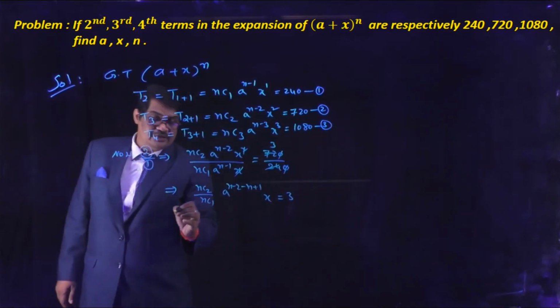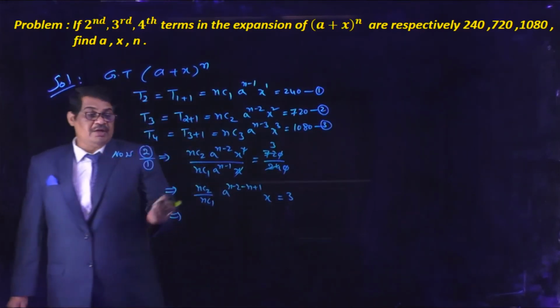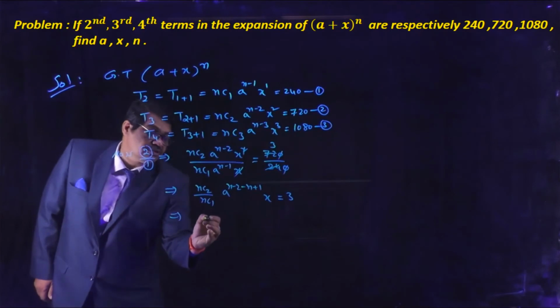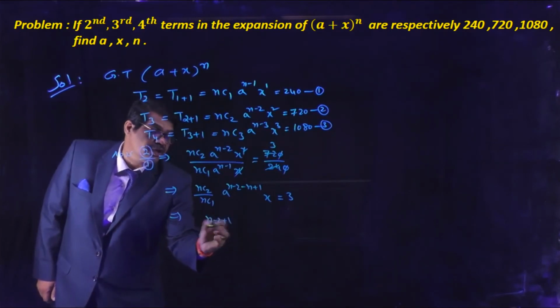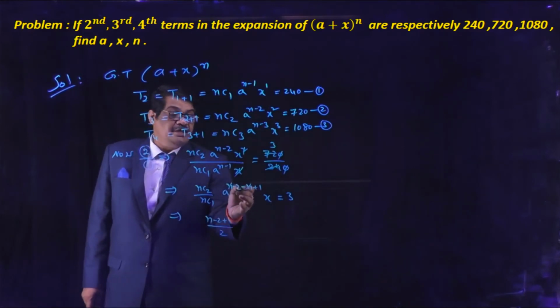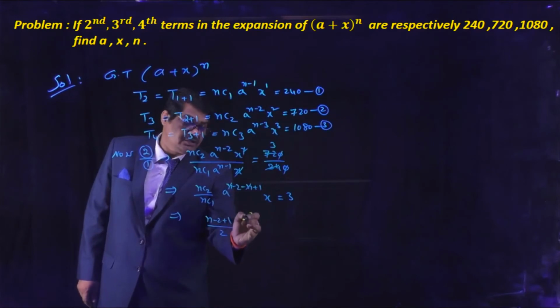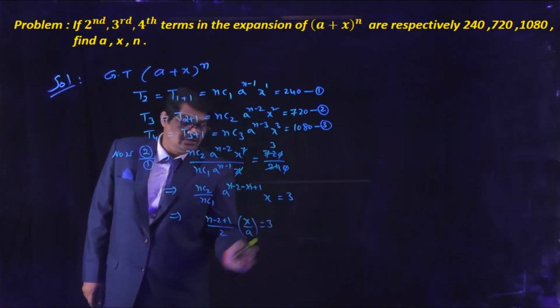So nC2 by nC1, using the formula nCr by nC(r-1), is (n-2+1)/2. Here -n + n is cancelled, and -2 + 1 gives a to the power of -1, that is 1/a. So we get x/a = 3.